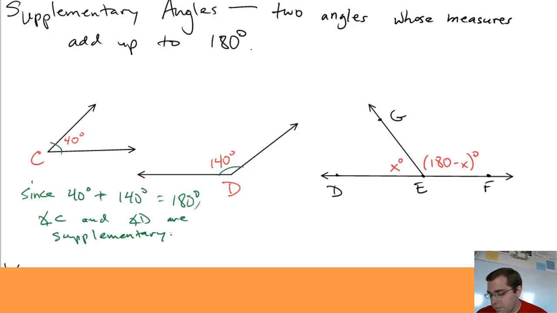In the picture on the right, we don't know the measures of the angles. We called the measure of angle DEG x degrees, and we said that the measure of angle GEF was 180 minus x degrees. Since when we add them together, we get x plus 180 minus x, and the x's cancel and we just get 180 degrees, then those angles have to be supplementary.